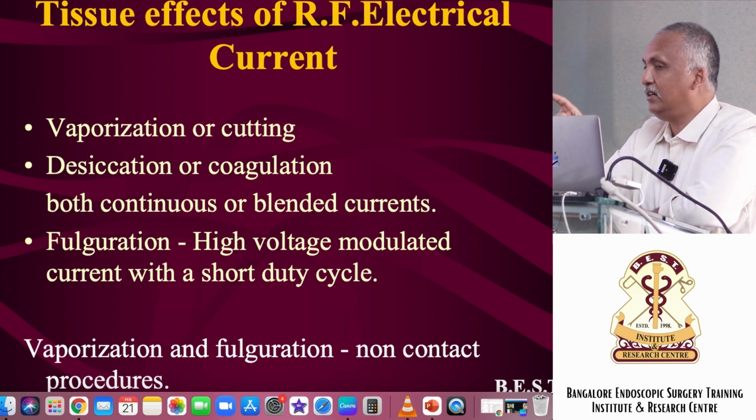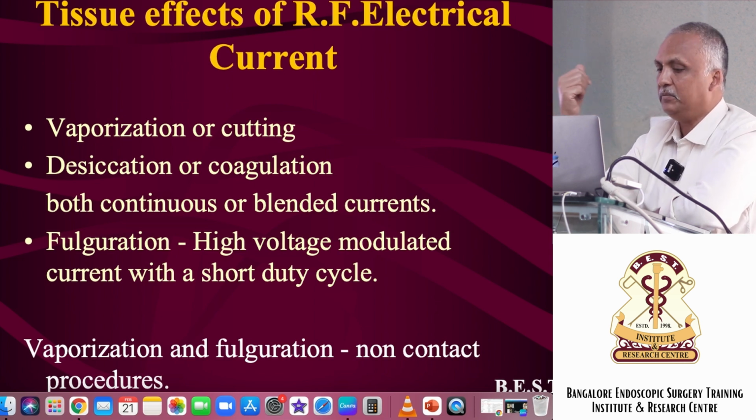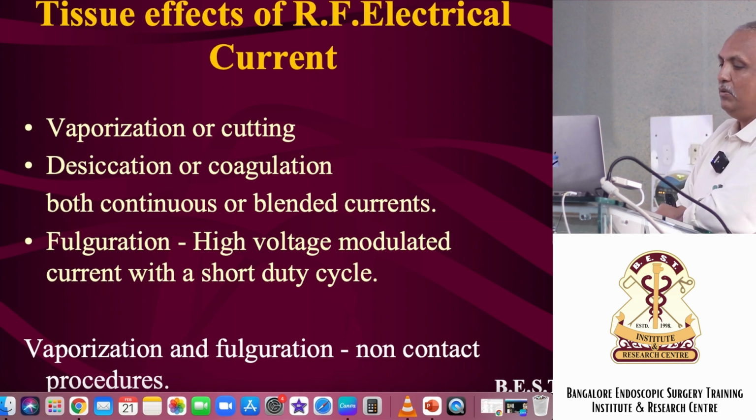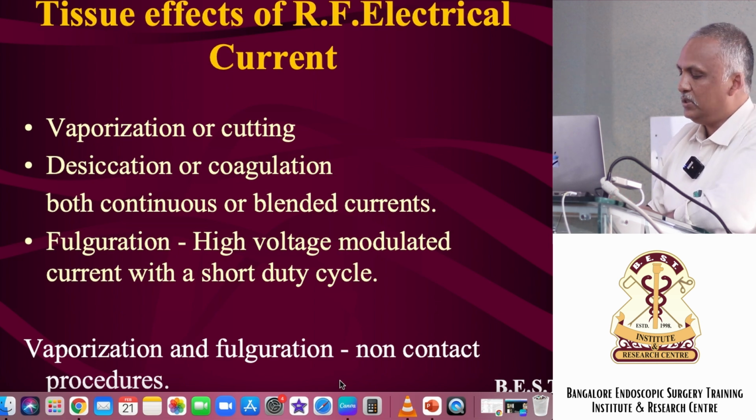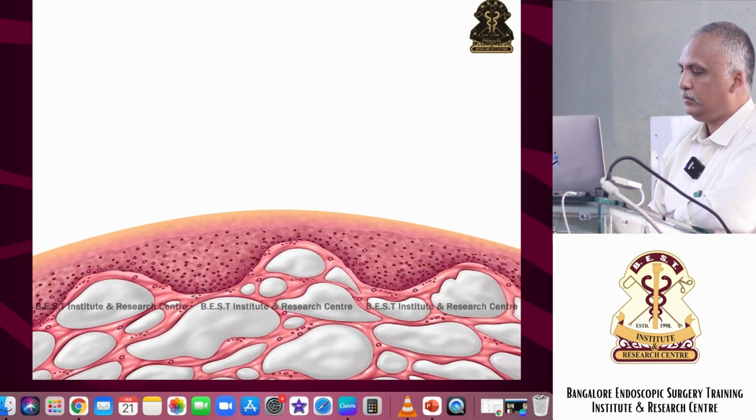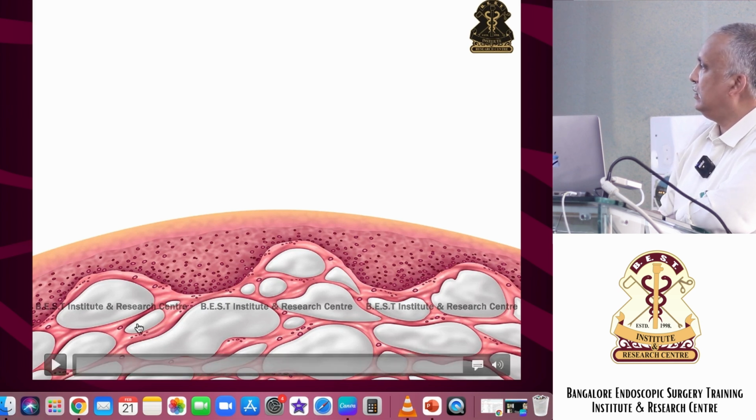And why do you call it? I will tell you later. Okay. So one thing that you have to remember is vaporization and fulguration are non-contact procedures. Now you have a tissue here.